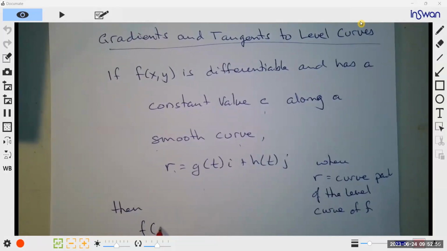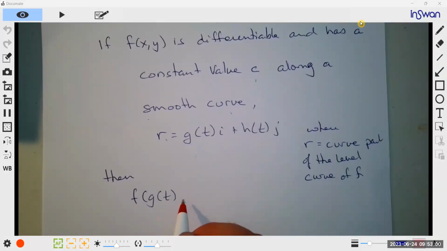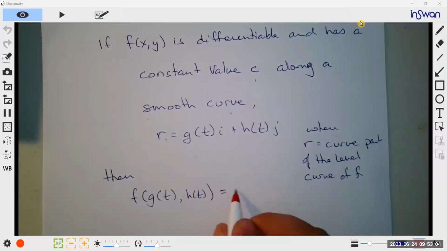Then f of g of t, comma h of t, is equal to some constant.